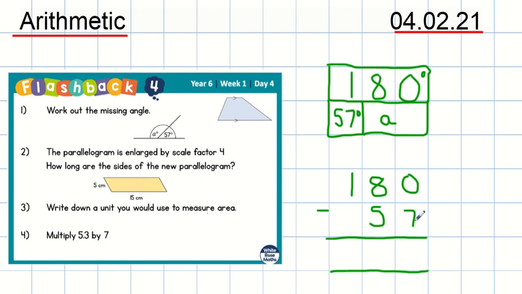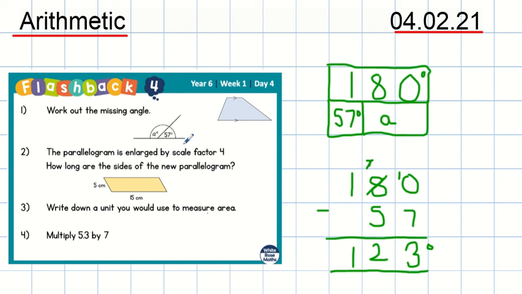So 0 subtract 7, we need to exchange. 10 subtract 7 is 3, well done. 7 subtract 5 is 2. And 1 subtract nothing is 1. So we know our missing angle, angle A, is 123 degrees.